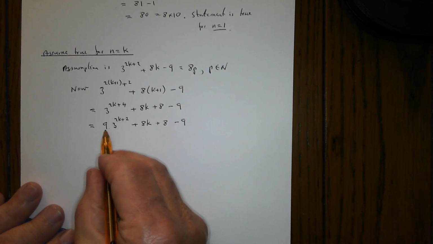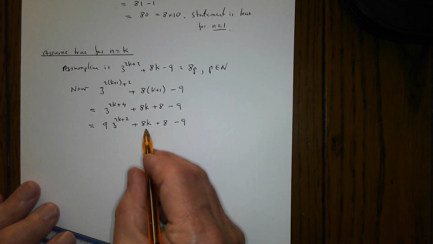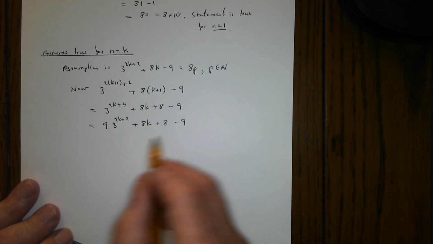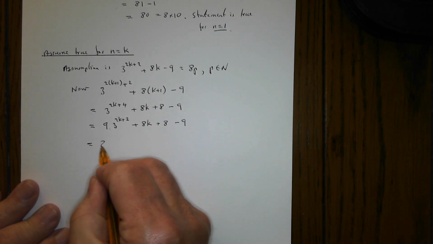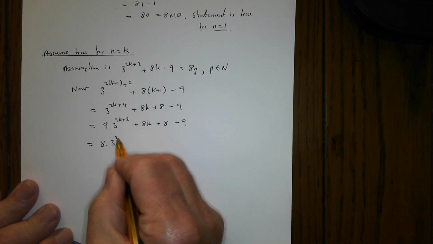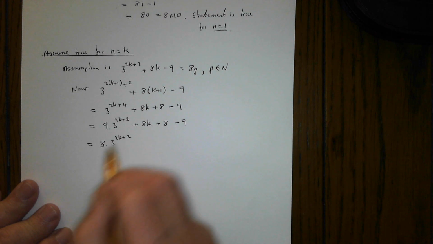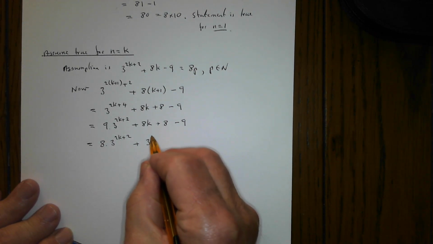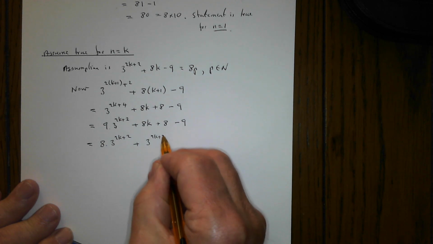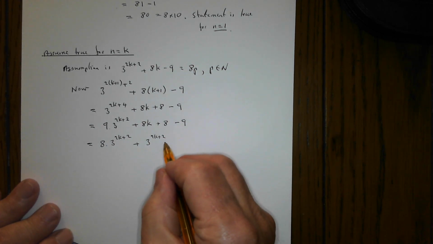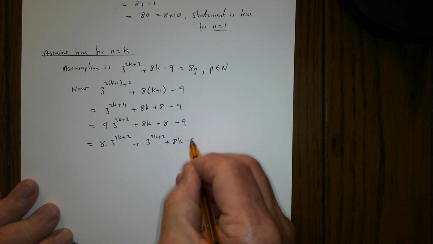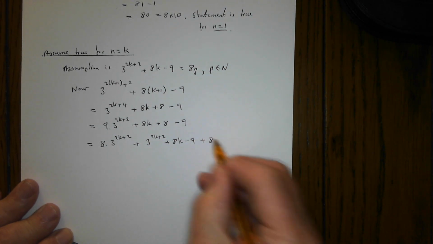This 9 lots of this, 8 lots of that, 8 and minus 9, I can break this into 8 times 3 to the 2k plus 2, plus 1 lot of 3 to the 2k plus 2, and then I've got plus 8k minus 9, and then plus 8, I'll bung in at the end.